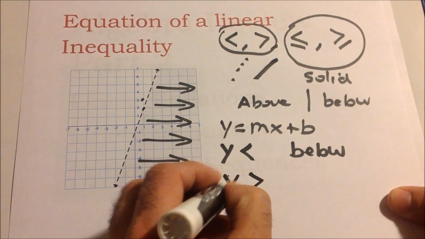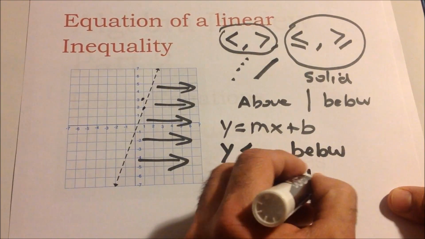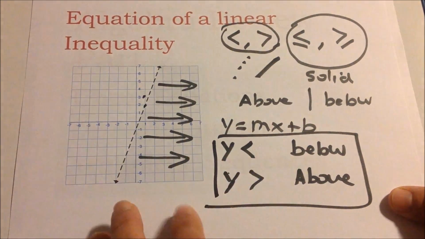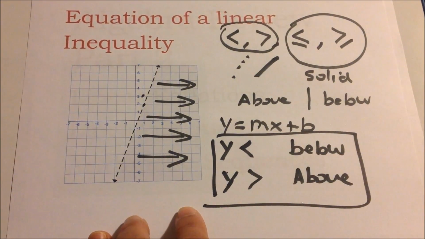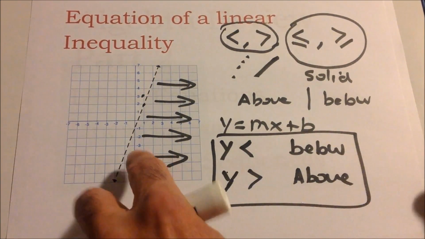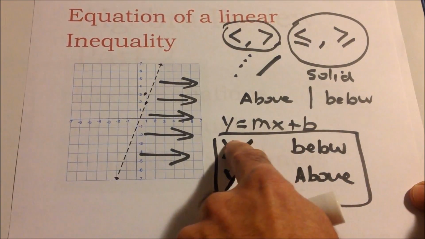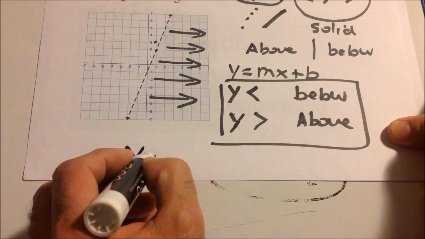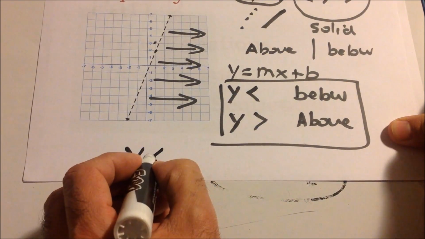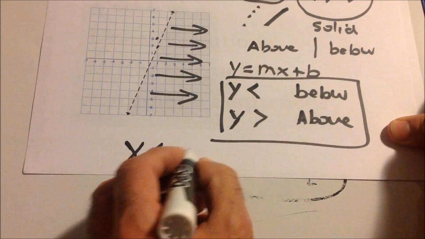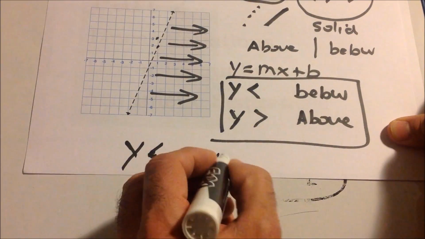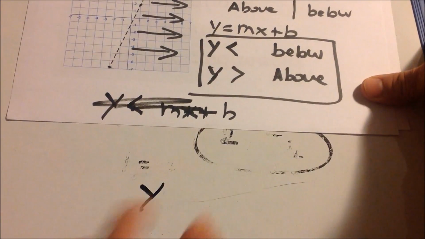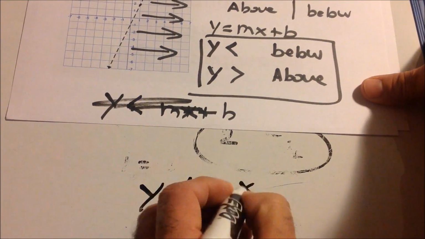If you saw something like this, that means it's above. Y would be more. So you should rewind the tape if you don't understand that. Again, it's below the line, so y is going to be less. So we have y is going to be not equal, but less than mx plus b. I'll write that over. Y is going to be less than mx plus b.